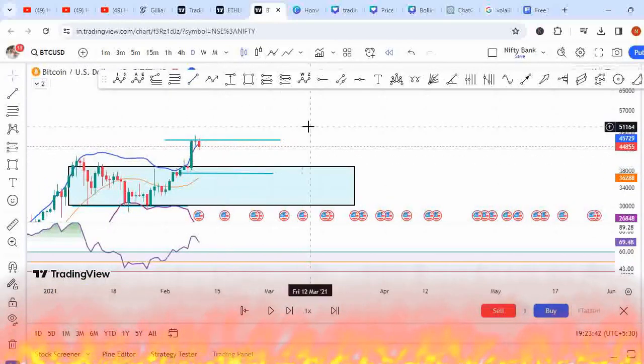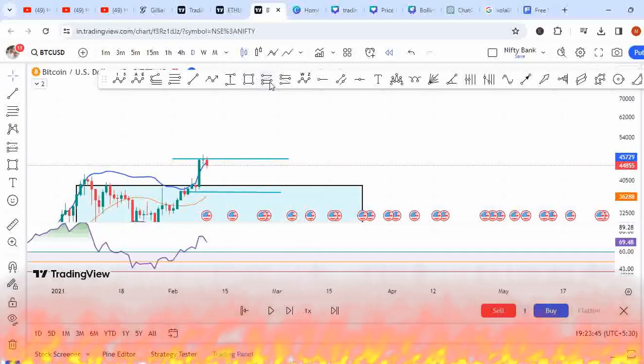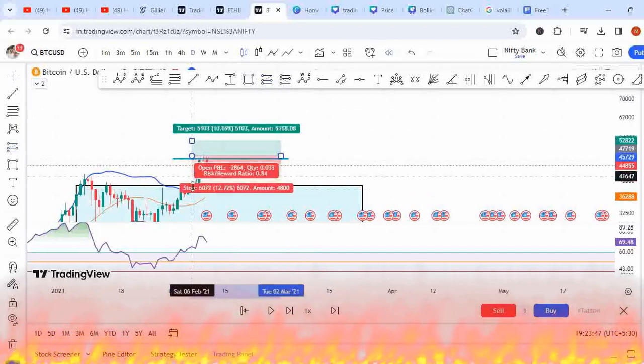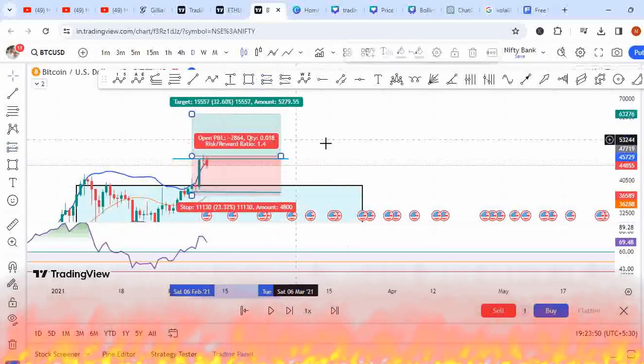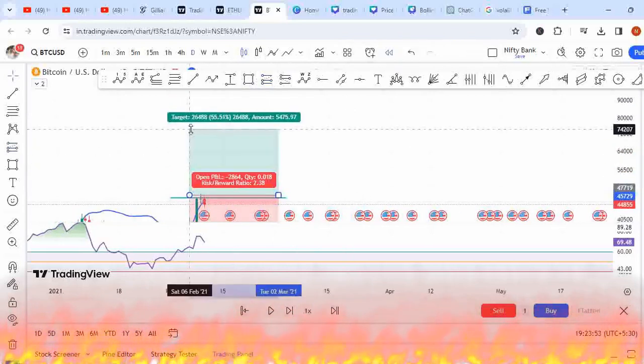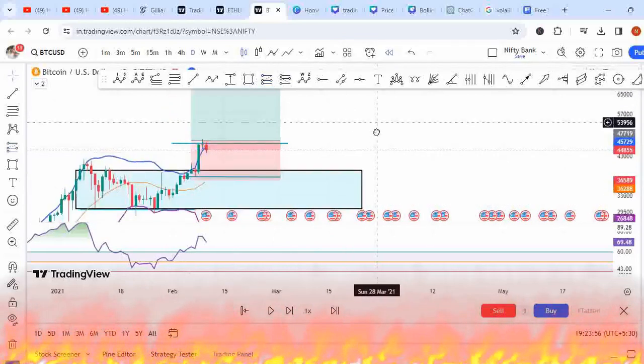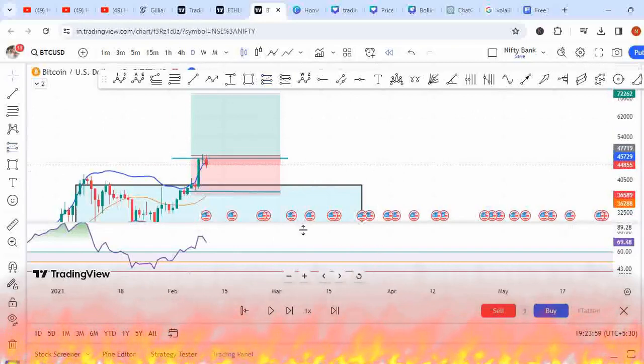So let's see whether you can get the trade or not. Let's put this risk to reward ratio. You will keep 1:2. Okay, 1:2. So let's check it.